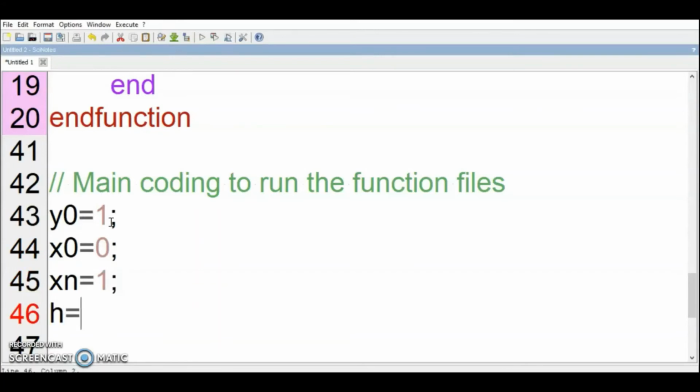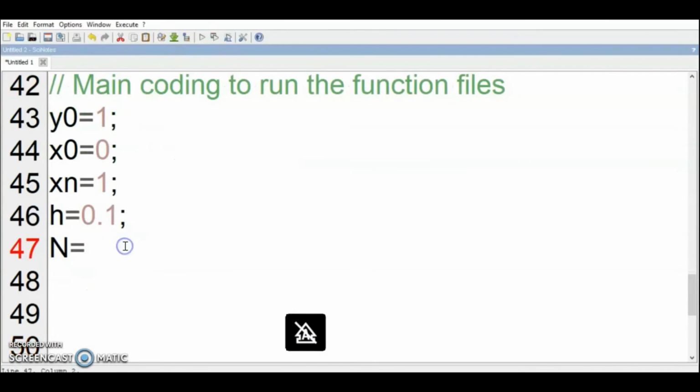H equals 0.1, and n is the last value of x minus the initial value of x, divided by h. That's my n.